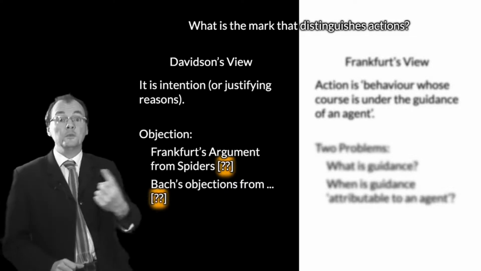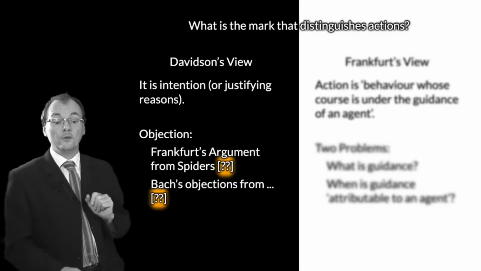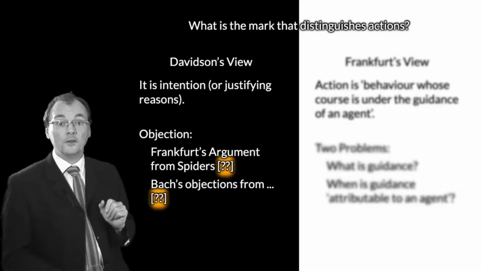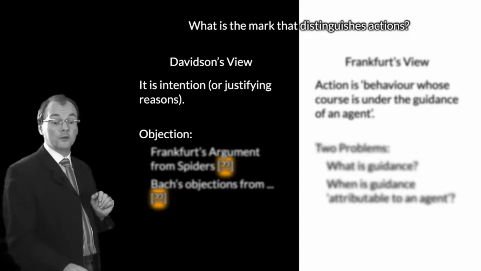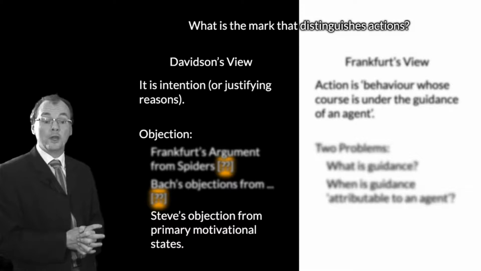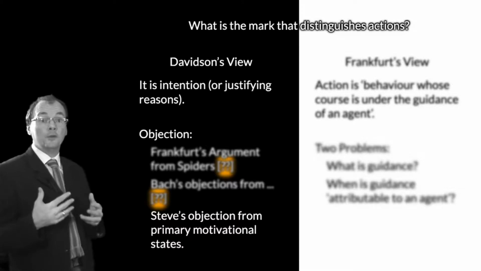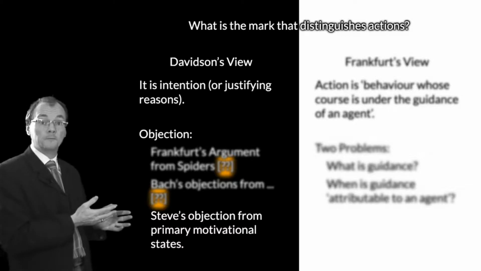I mean that we as a community of researchers are not in a position to know that the premises of their arguments are all true. So those objections are less useful to us than we would like. But there is, I've suggested, an alternative, which is my objection from primary motivational states. I put it to you that there, you and I know that the premises of that argument are true, and so it's a useful argument here.